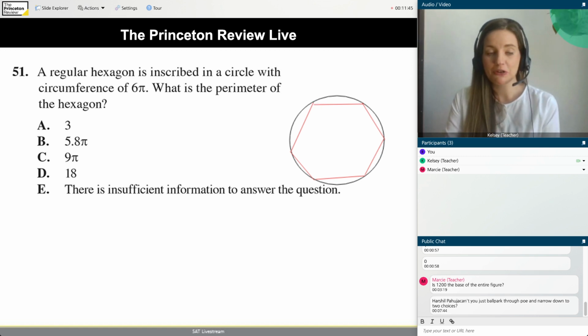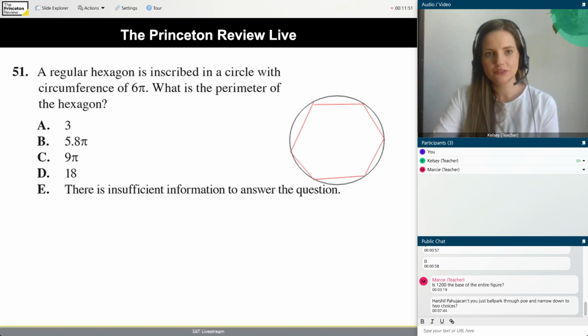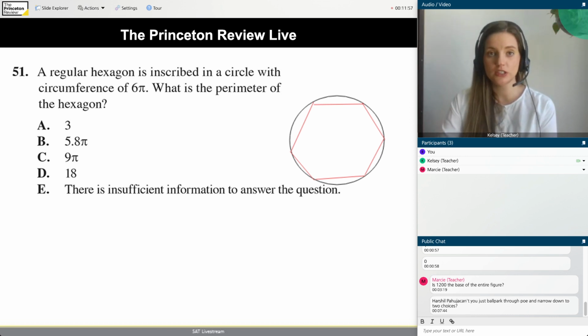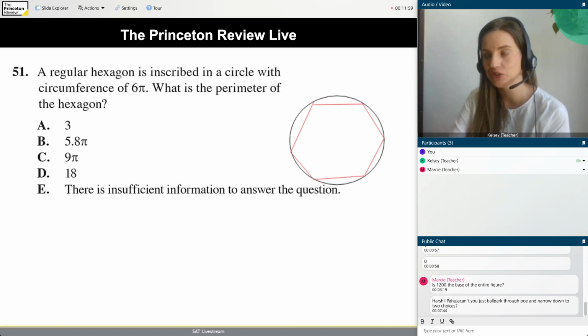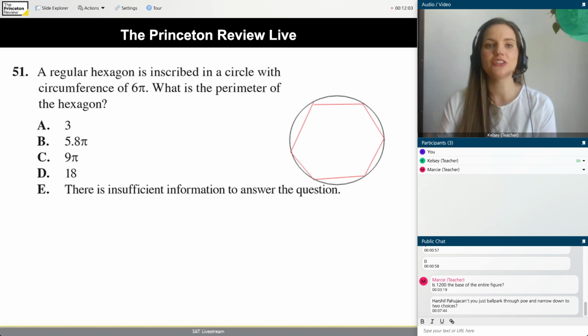So does anybody remember exactly how to calculate how many angles live inside a hexagon? There's a couple of different ways to figure that out. If you remember, a triangle has 180 degrees inside, a quadrilateral has 360, a pentagon has 540. Each time you're adding 180 to those numbers.